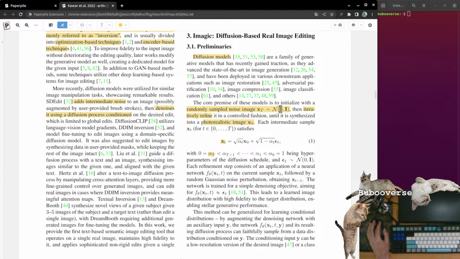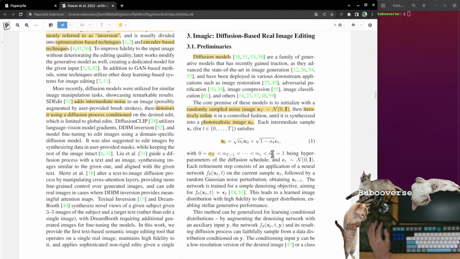So the original image is going to be 0, plus square root of 1 minus alpha t. If alpha t is 0, this becomes square root of 1 minus 0, which just becomes 1. So at the very last step, it's all going to be this term, and at the very first step, it's all going to be this term.